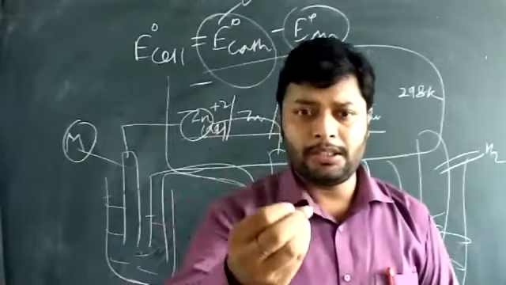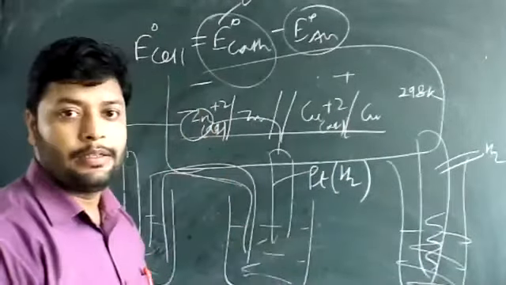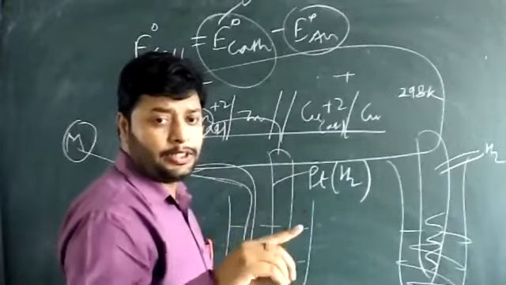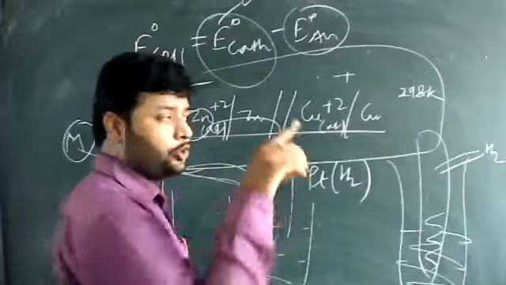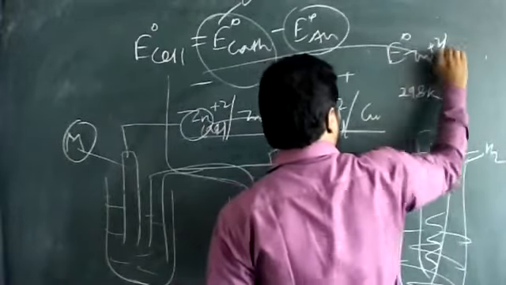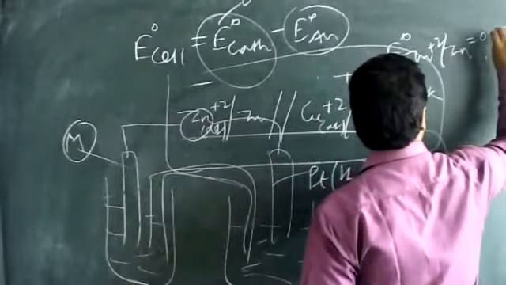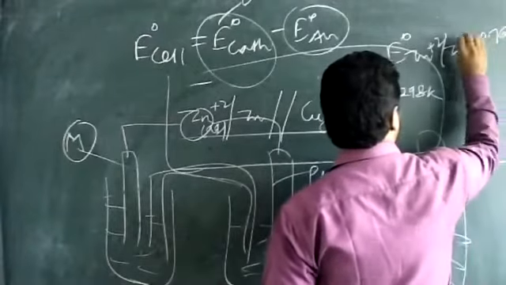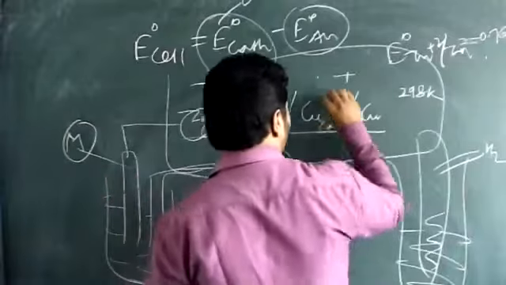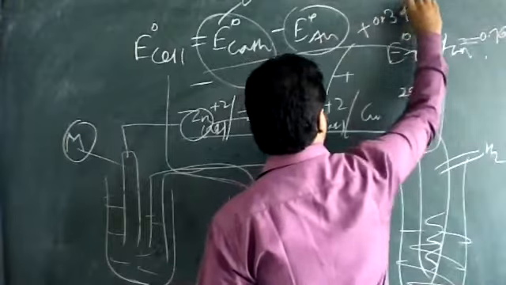For example, let's take the same Daniell cell. The standard reduction potential of zinc, Zn2+ to Zn, is minus 0.76 volt, and for copper the value is plus 0.34 volt.